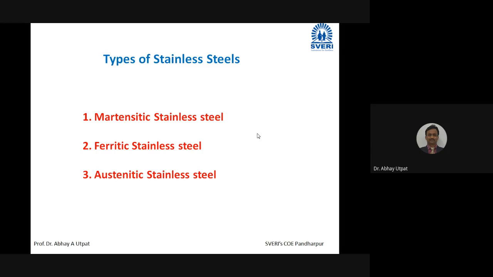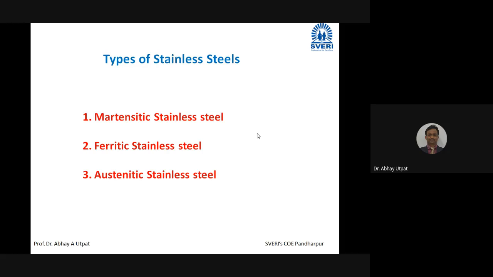Martensitic stainless steel, because of martensite, must be harder. So where is the stainless steel which is used as a tool? Recall. In that way, we will see martensitic, ferritic, austenitic. Let us see one by one.